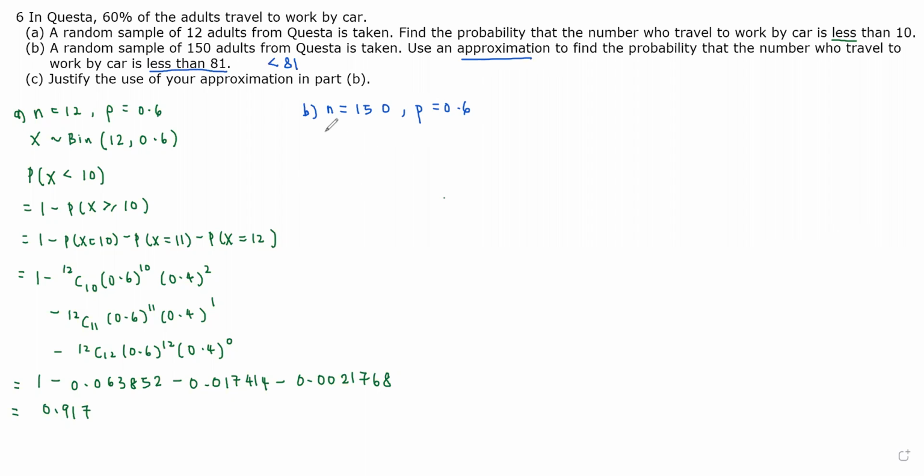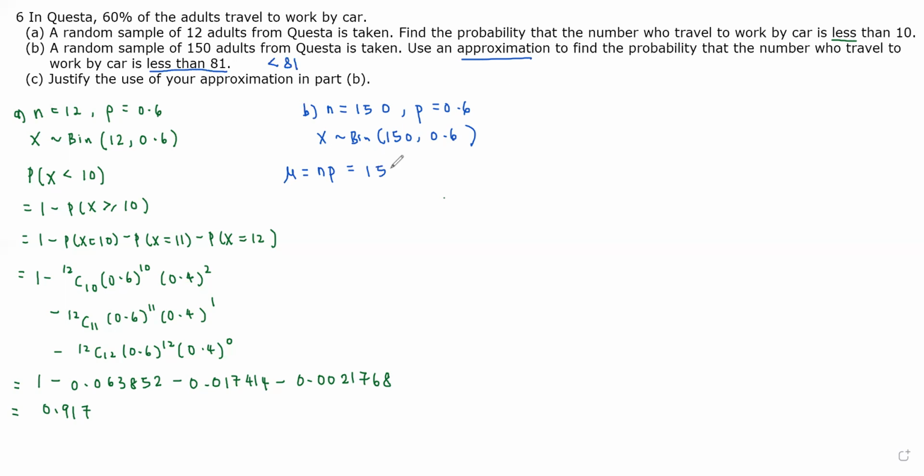So let's say over here, we have X follows a binomial distribution with n equals 150 and probability of success is 0.6. To find the mean for the approximation, the mean is always given by np.